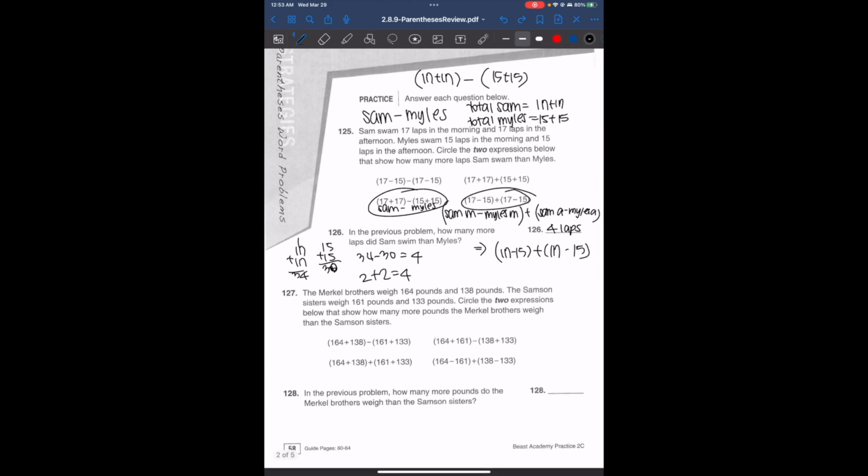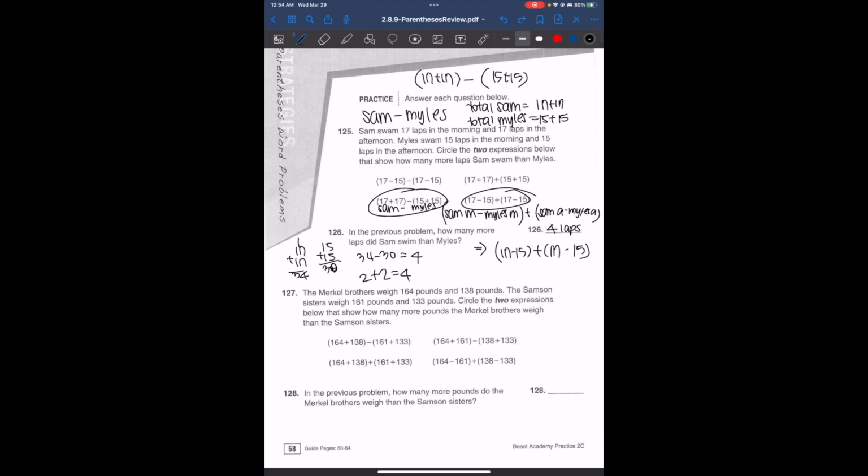Problem 127. The Merkle brothers weigh 164 pounds and 138 pounds. The Sampson sisters weigh 161 pounds and 133 pounds. Circle the two expressions below that show how many more pounds the Merkle brothers weigh than the Sampson sisters.